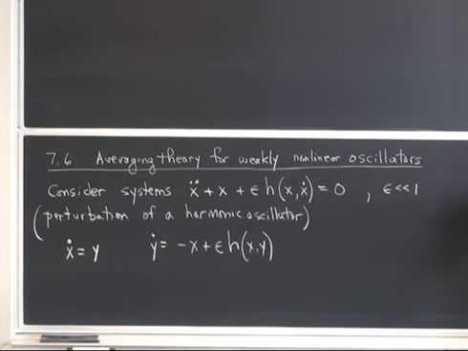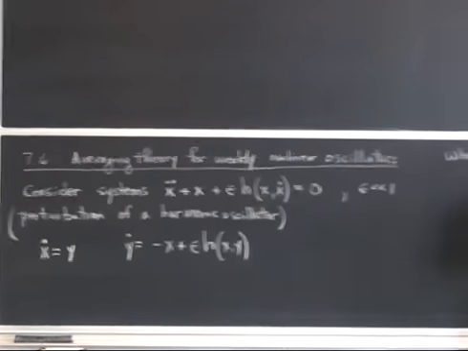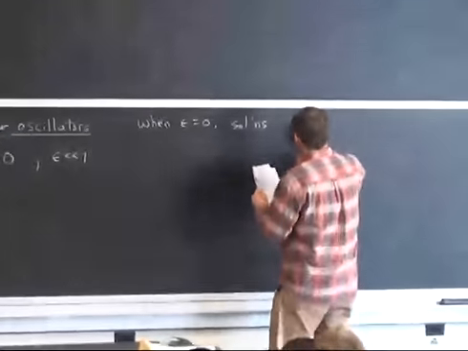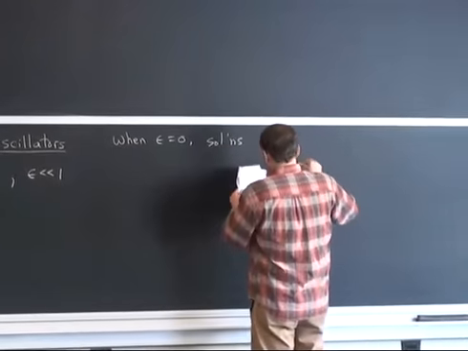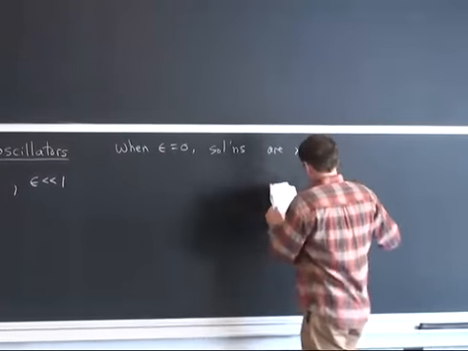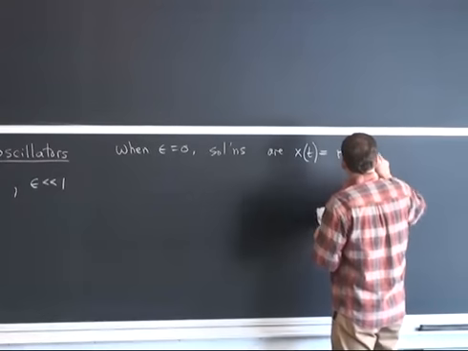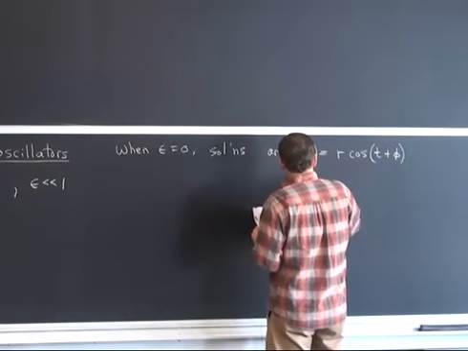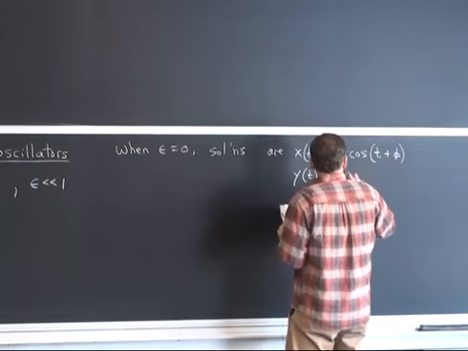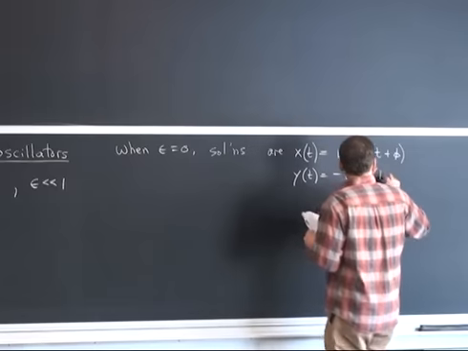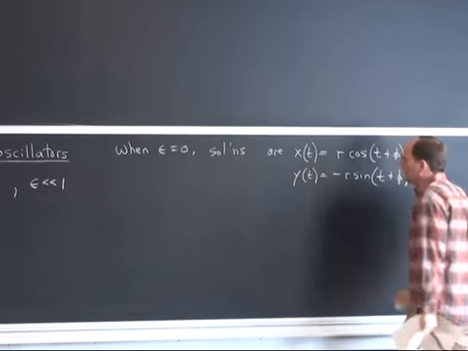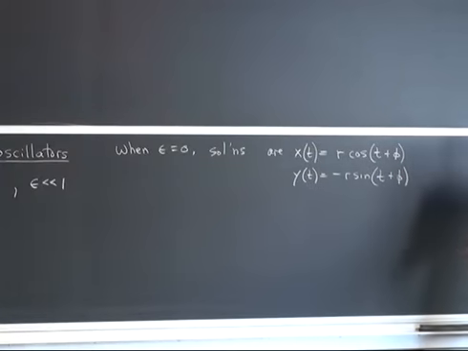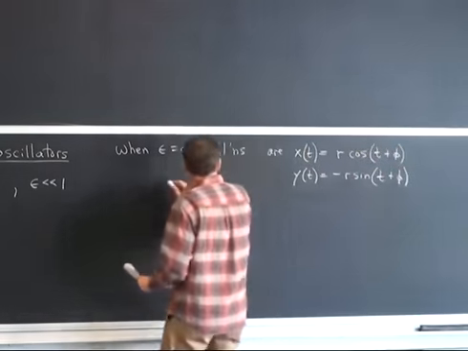We'll get solutions of the form X as a function of t is r cosine (t plus phi), and Y of t will be minus r sine (t plus phi), where R represents the amplitude of the oscillation, and phi is the phase angle, and both are constant for the ordinary harmonic oscillator.